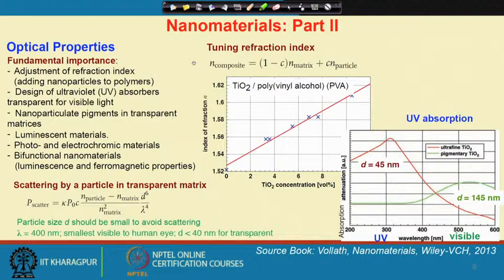Now, the second most important functional properties are the optical properties. So, here once again what is the role of the size of a particle and whether at all any optical properties can be modified.